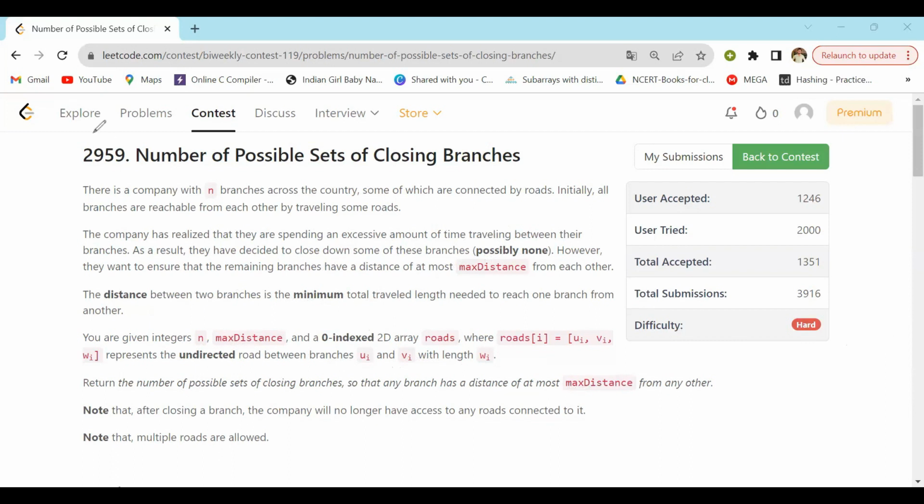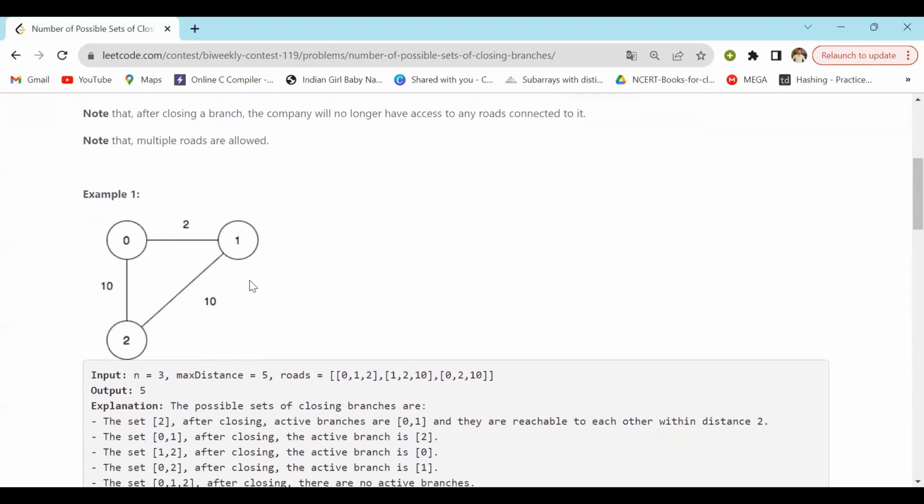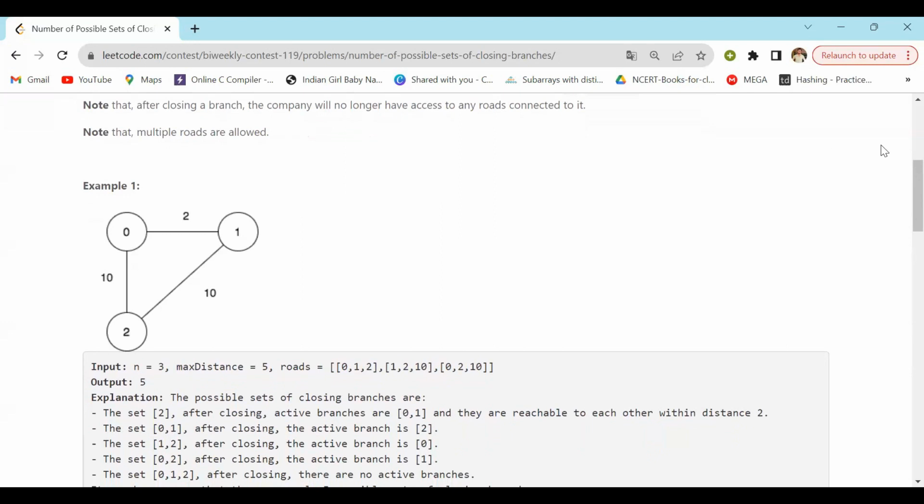Let's discuss with an example. So this one is our company, they have 3 branches, right? And they're connected by these roads, and this is the distance between them.